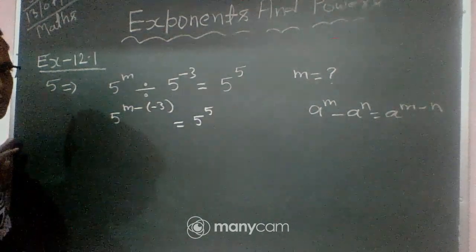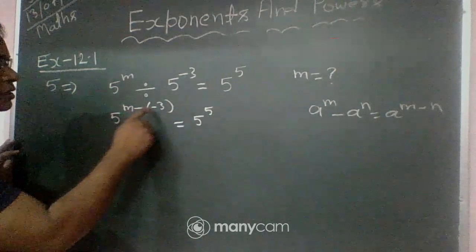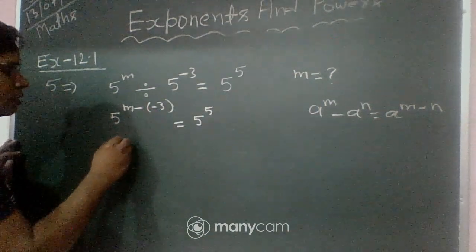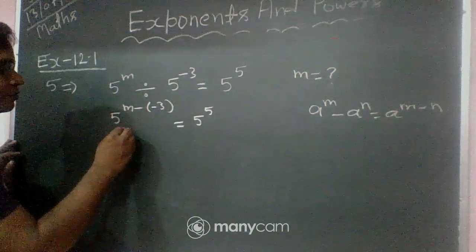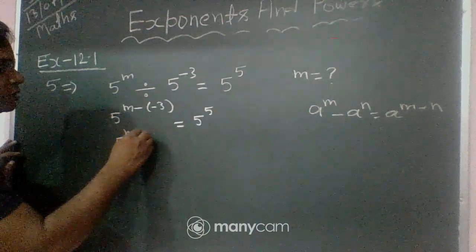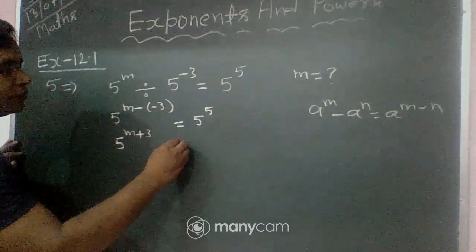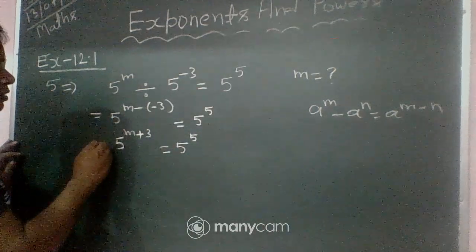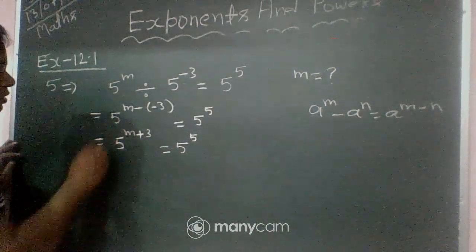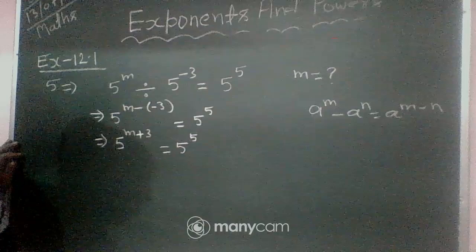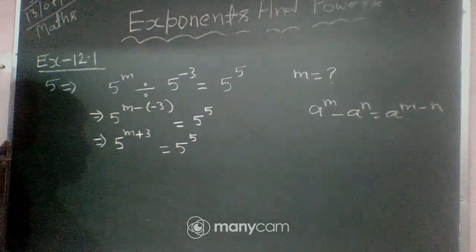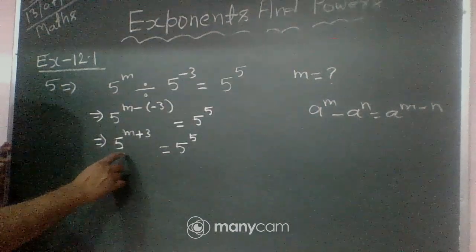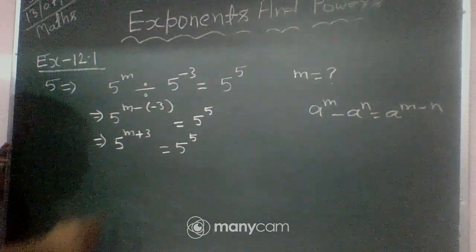Here minus into minus becomes plus. So we write here m plus 3, 5 power m plus 3 is equal to 5 power 5. Clear? Now comparing both sides. So here you can see both sides, if you compare both sides.